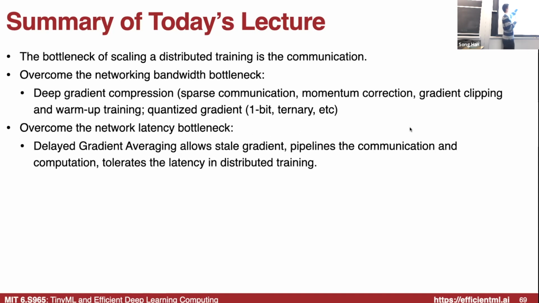For pruning, the remaining gradient vector becomes sparse, so we have to do momentum correction to accumulate the velocity rather than the gradient. We also use gradient clipping and warm-up training to further stabilize the training process. And we can even use 1-bit or ternary gradients to save communication bandwidth.